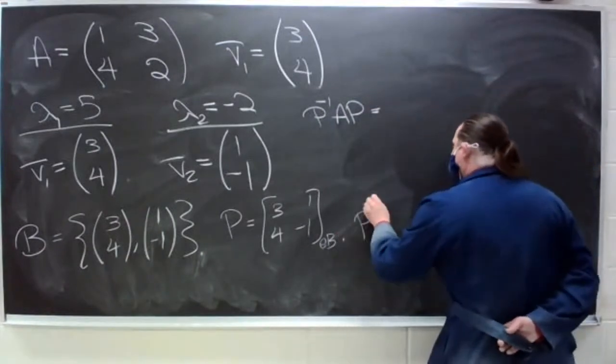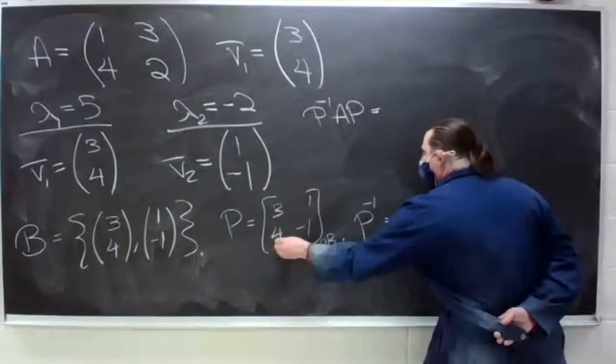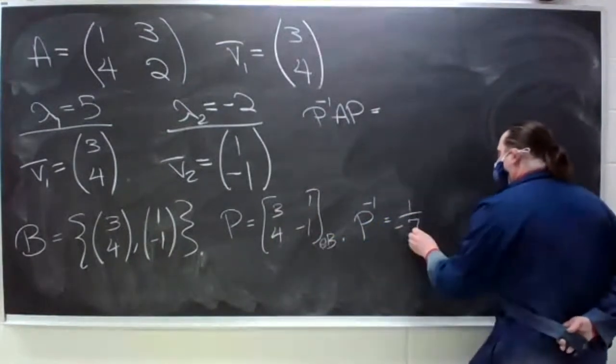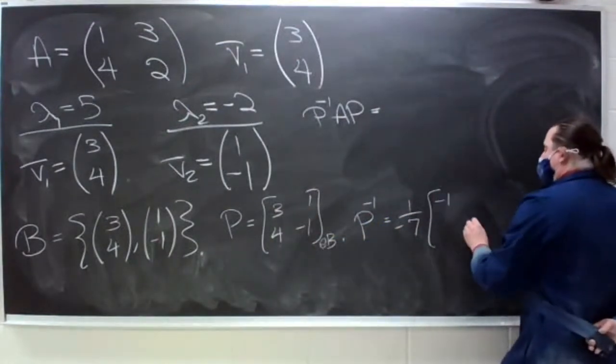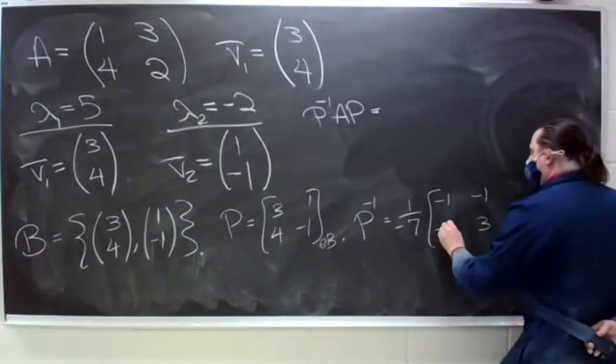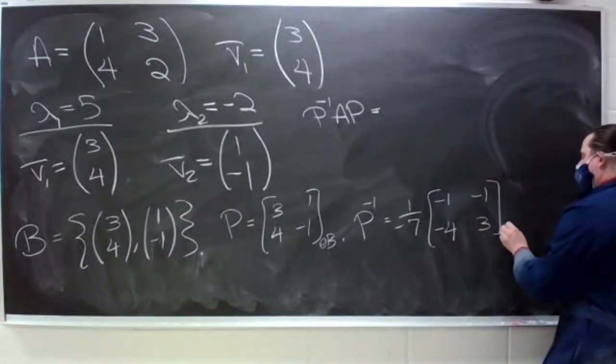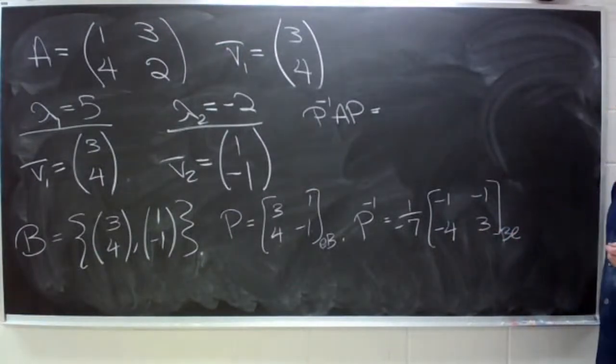P inverse: 1 over the determinant, swap, negate. Just like that.